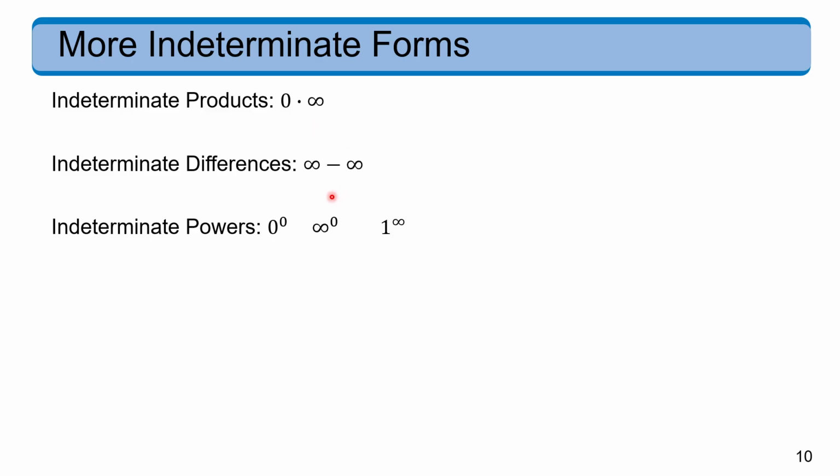Another is an indeterminate difference. So you have subtraction, or it could be addition, either one. And let's say it's addition, and the first term is getting infinitely large, and the second term is approaching negative infinity. So what would the sum of those be approaching?